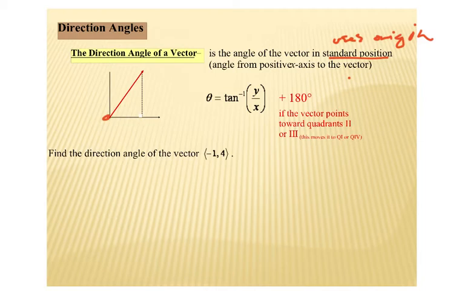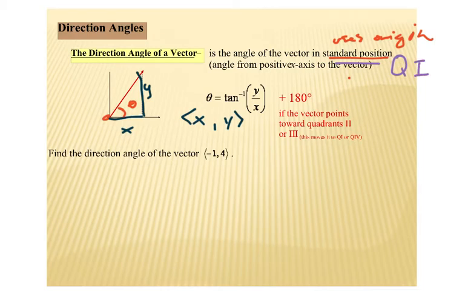And so in order to find this angle right here, all you need to do is take tangent inverse of y over x, meaning the height component over the x component, when we're thinking of it as x, y. The interesting part about this is depending on where you started, we want it to be in standard position, and so we want it to be in quadrant 1.